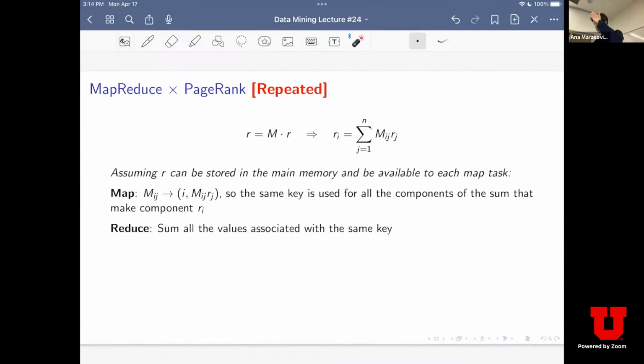Okay, so this is what I said already. Now, what if we have a situation where R is too large to fit in the main memory?